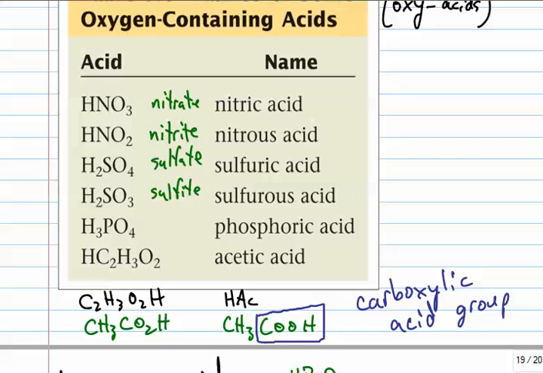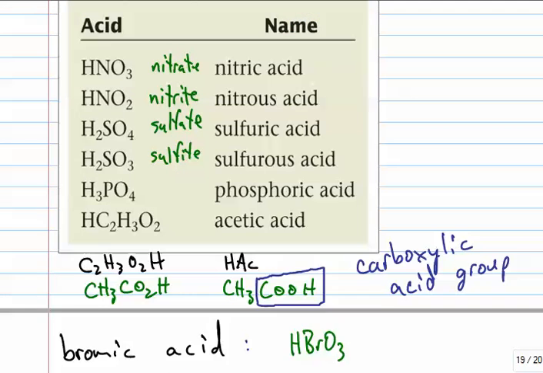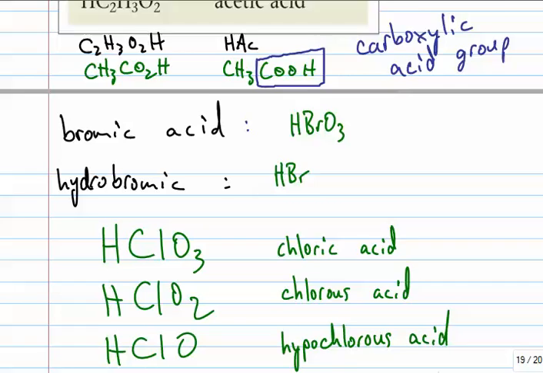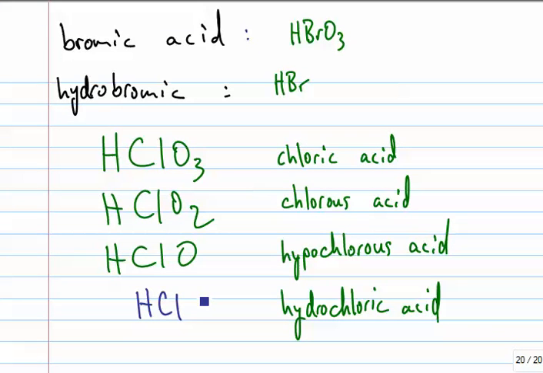So when we're naming acids, we need to distinguish between those that are oxyacids, that is, they contain oxygen, and those that do not. If we see these 2 very similar names, bromic acid and hydrobromic acid, this hydro indicates that there is no oxygen present. And so this hydrobromic acid is simply HBr.